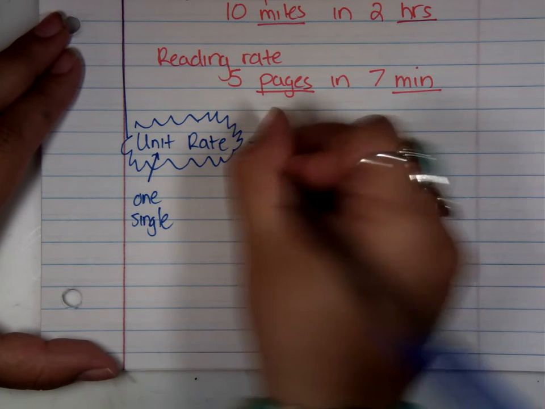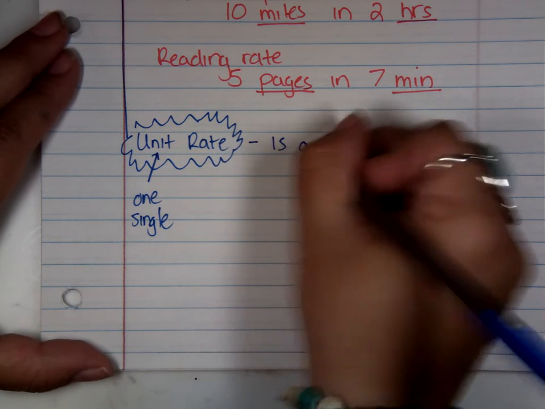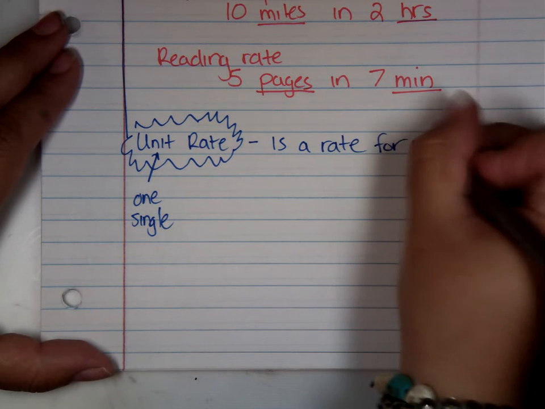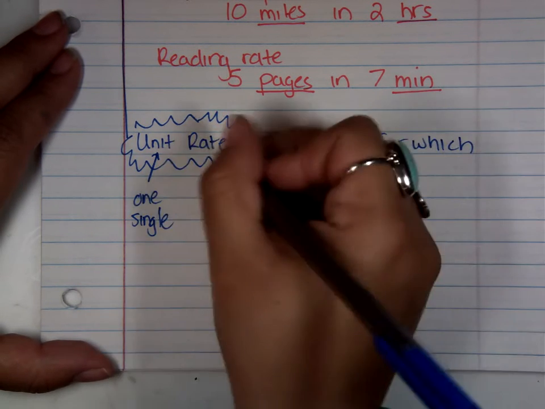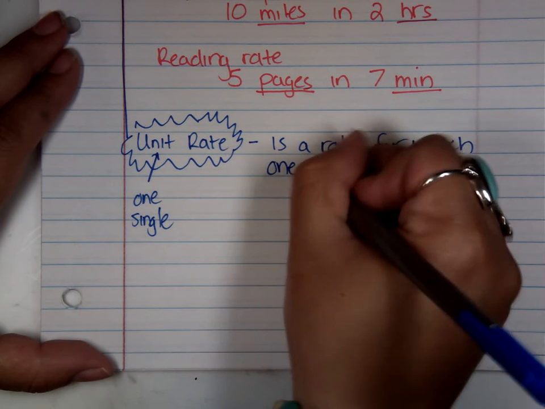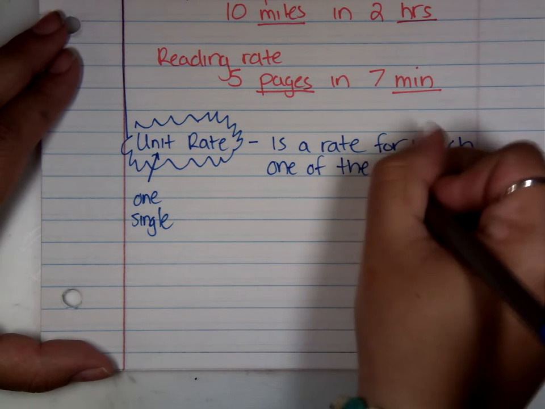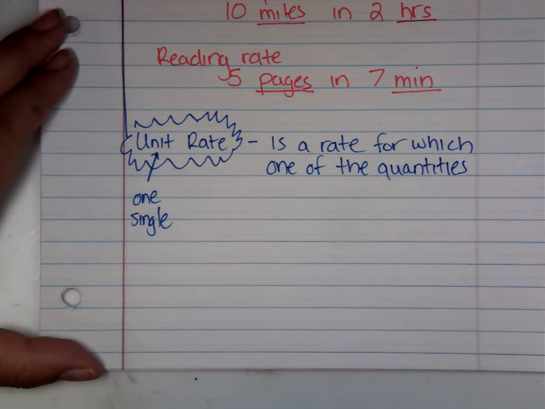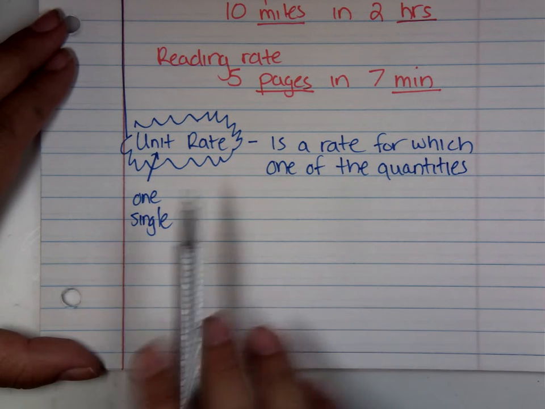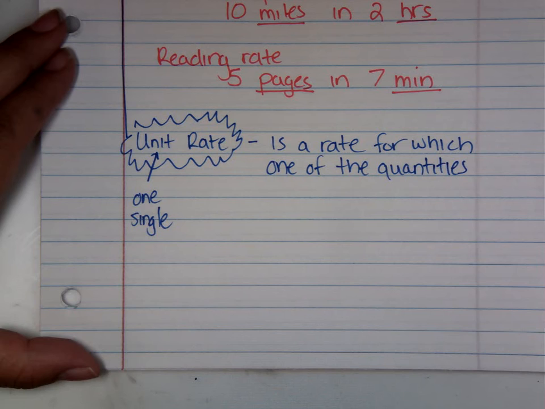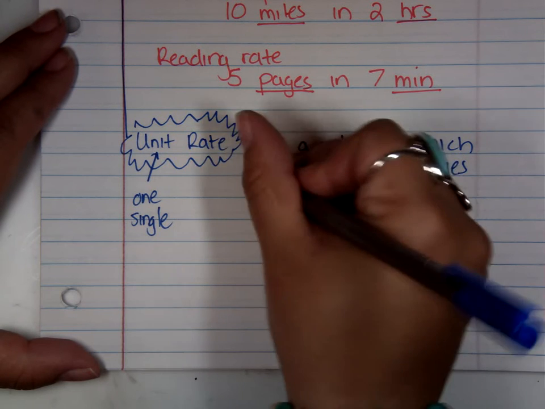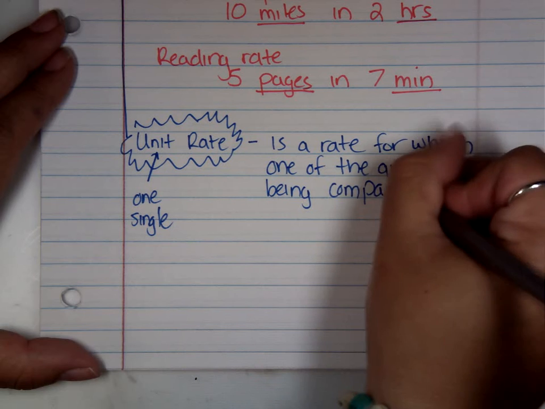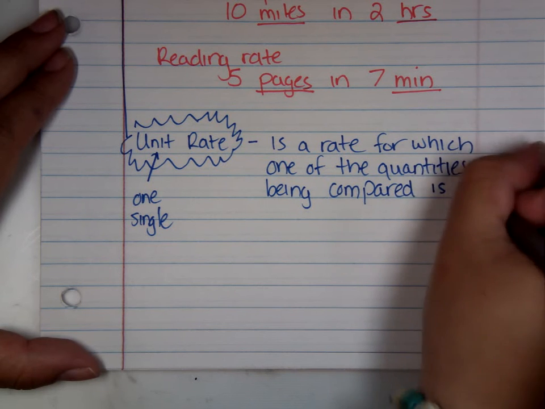A unit rate is a rate for which one of the quantities, remember quantities is kind of just like a fancy word for number, so a unit rate is a rate for which one of the quantities being compared is 1.